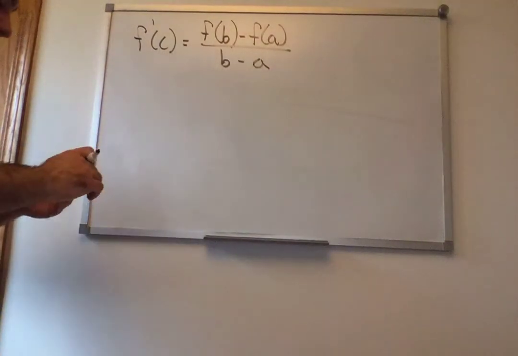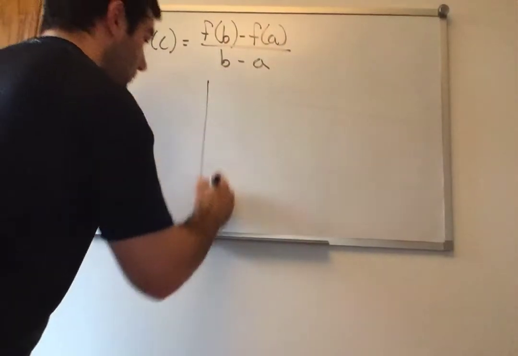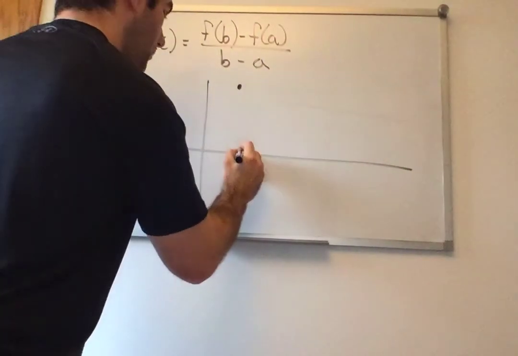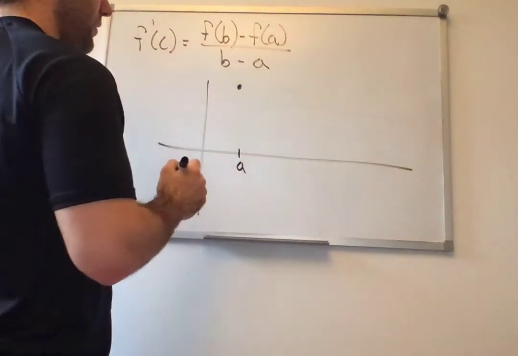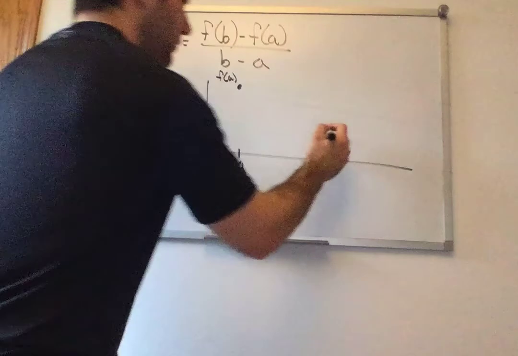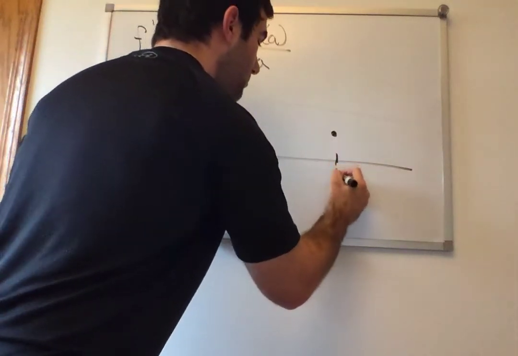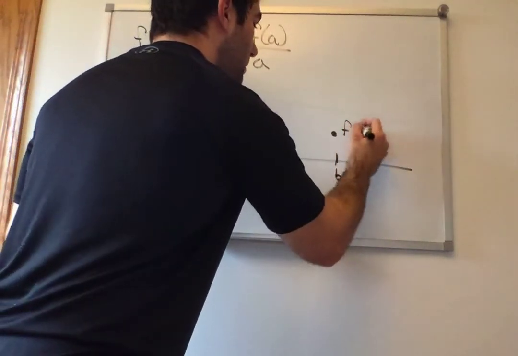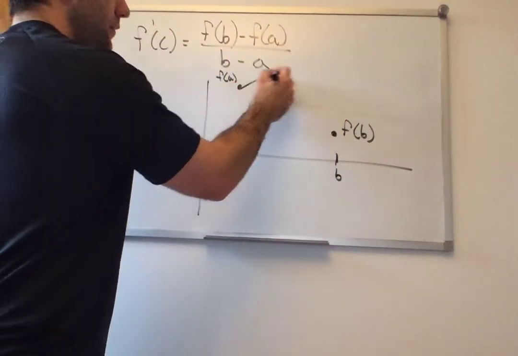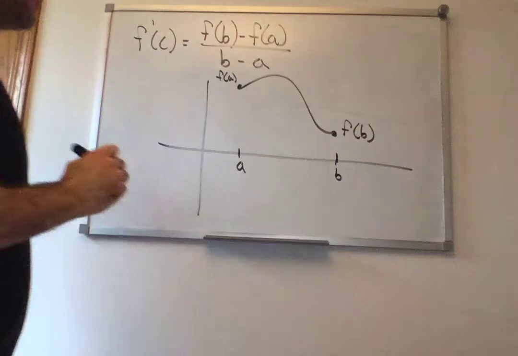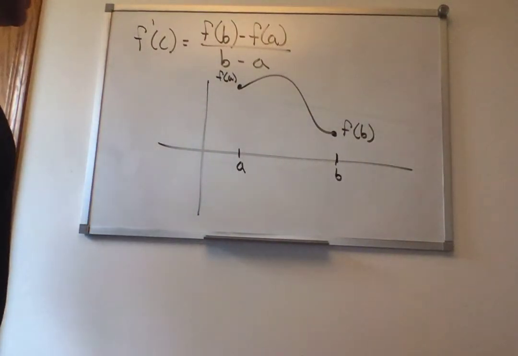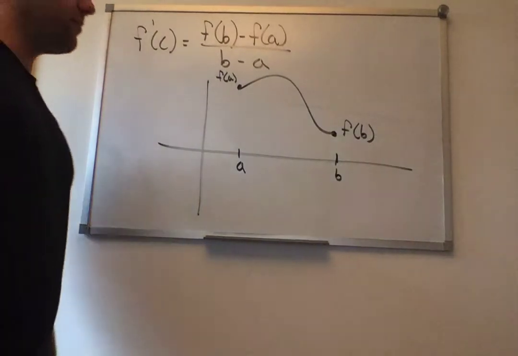Let me draw you a picture. Here's a, and this would be f of a. Over here is b, so I'm at some f of b. And you've got some function between a and b.